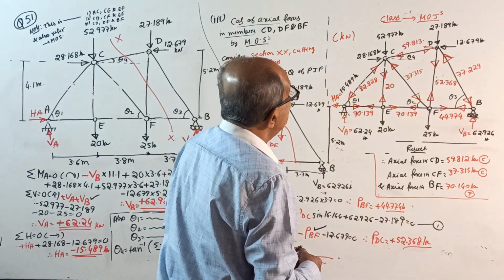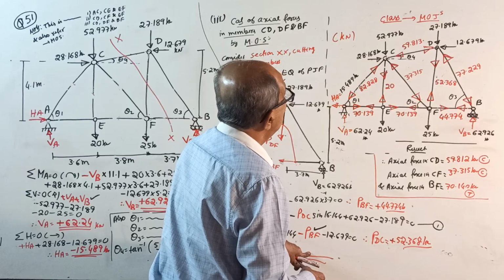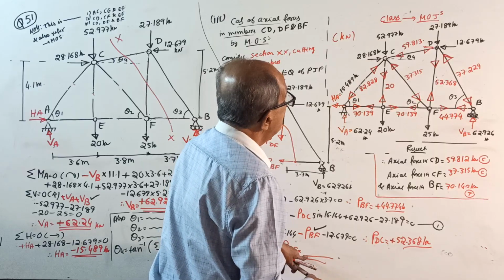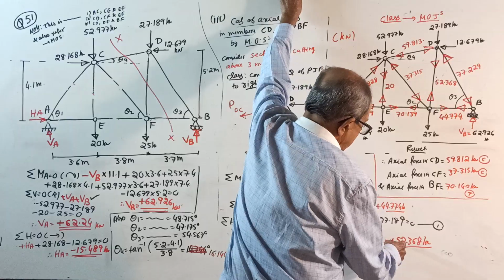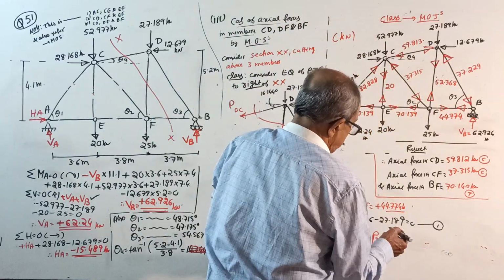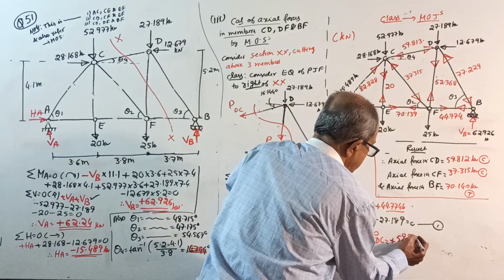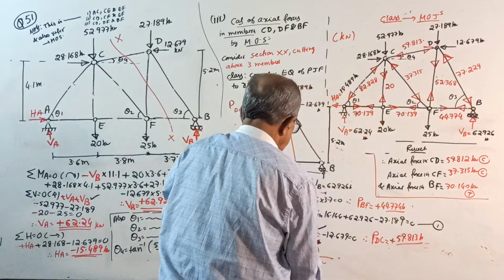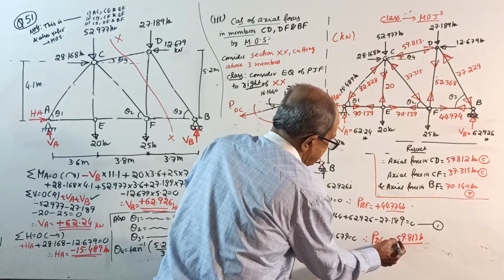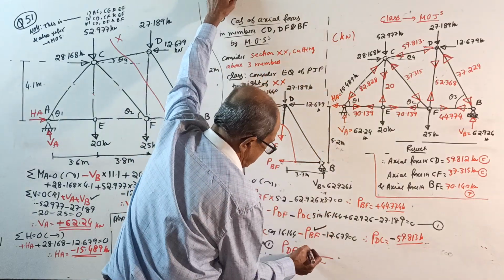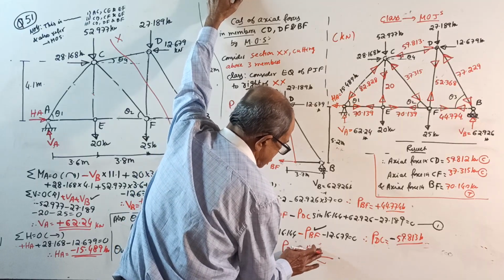PDC is 59.813, correct. And PDF, what is its nature? PDC is minus, and PDF is plus 52 point something. Oh, this one I mixed up.